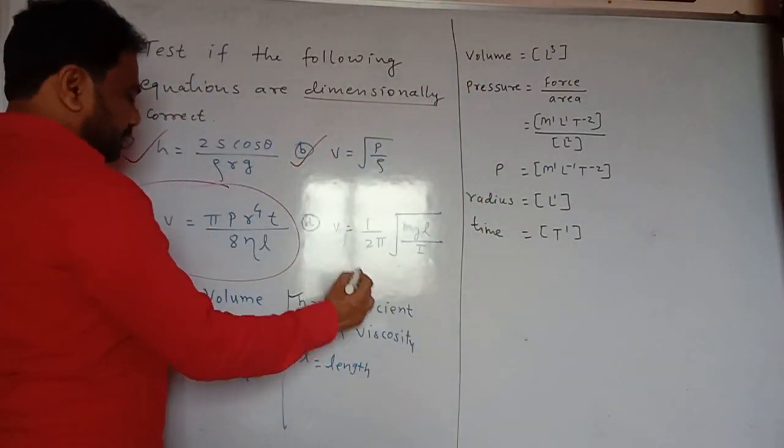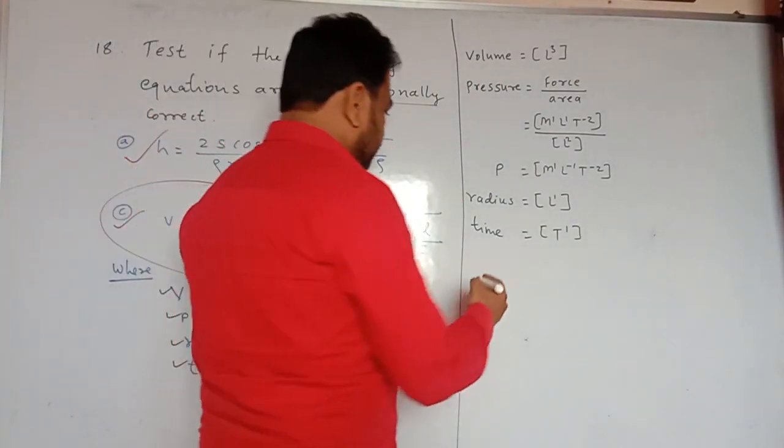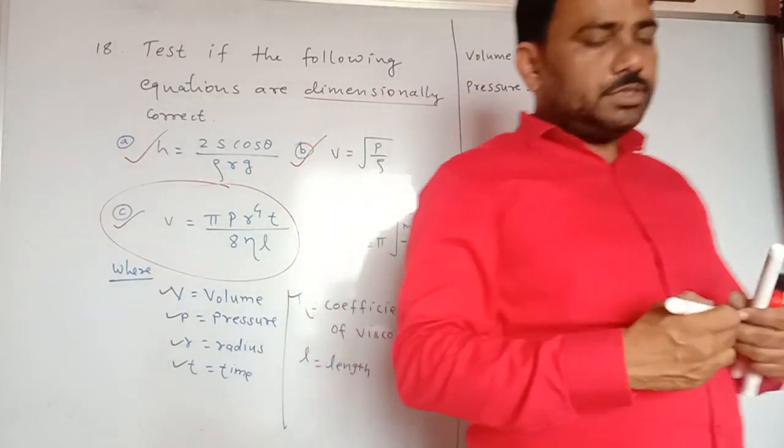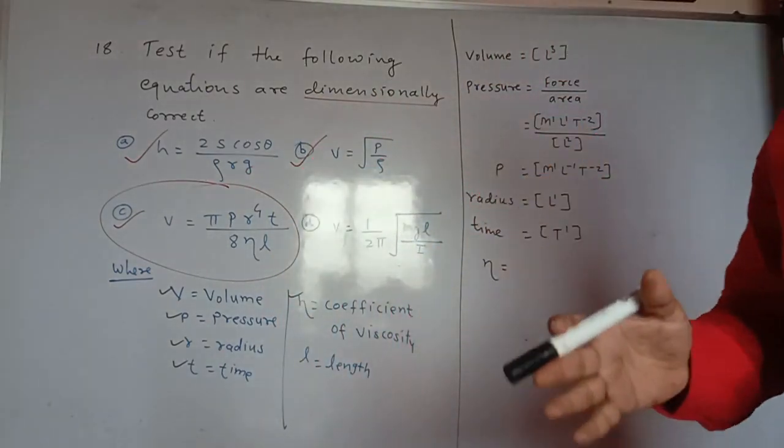Then coefficient of viscosity. Now we must know the coefficient of viscosity, that is eta is equal to. To calculate the dimensions of the coefficient of viscosity, we must know the formula.